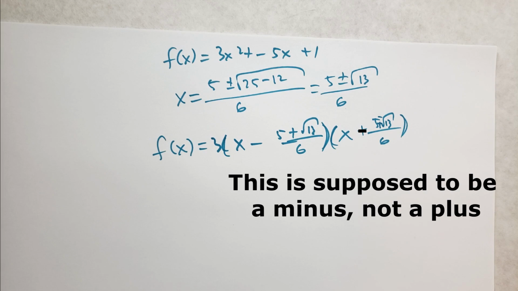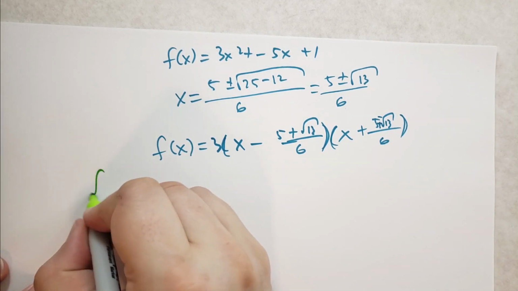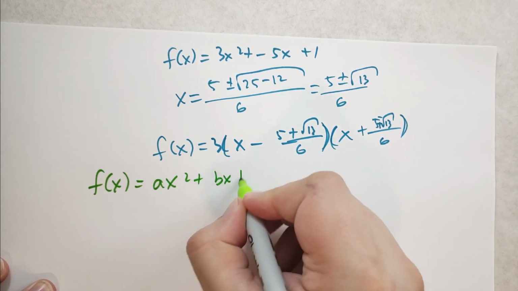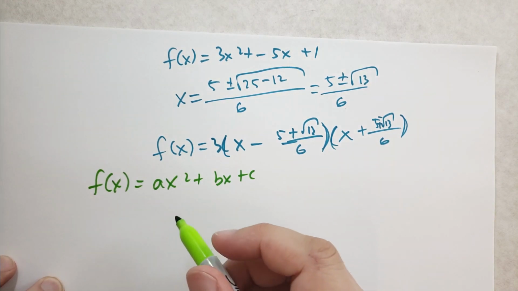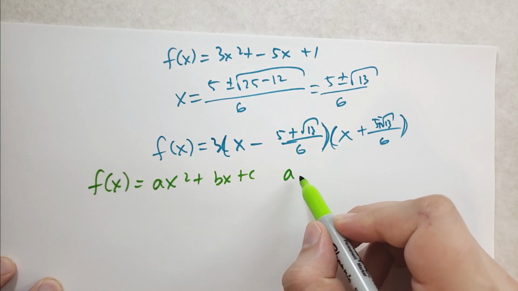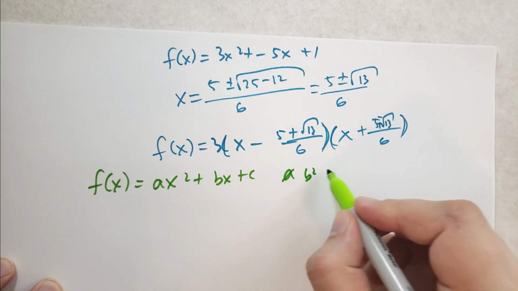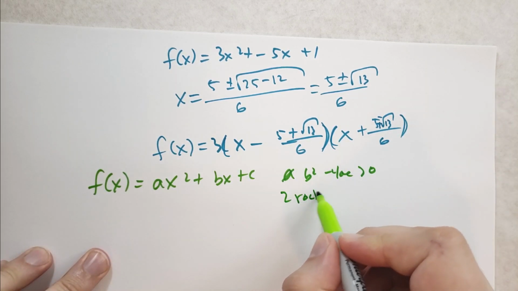Okay, another example. He says, what if we have f of x in general as ax squared plus bx plus c? In this case, the answer is rather easy to find. If b squared minus 4ac is greater than 0, then we know that there are two roots.